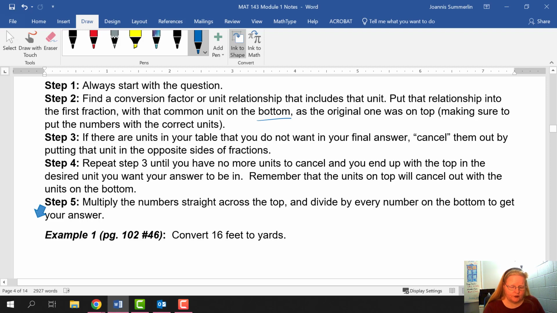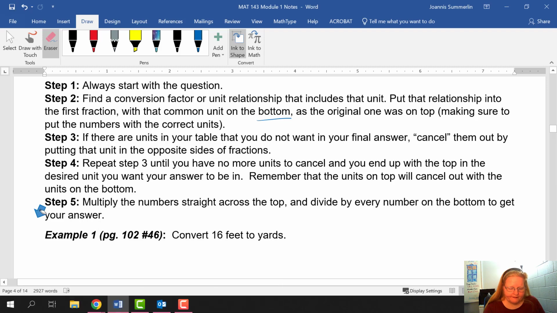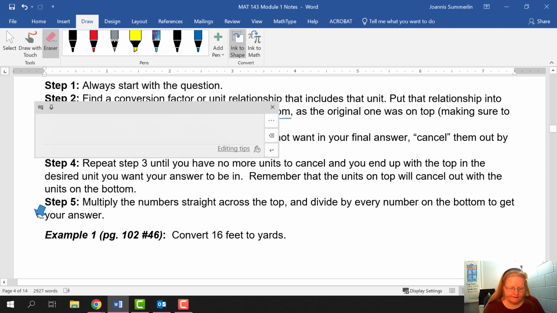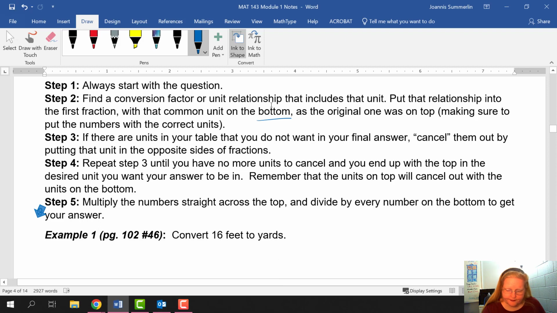That's what they try to get you to do. Oh, look, it pointed in the wrong direction. I don't know if I can get that to go away now. Look at that. Editing tips. Well, that's not helpful. Nope, unhelpful.